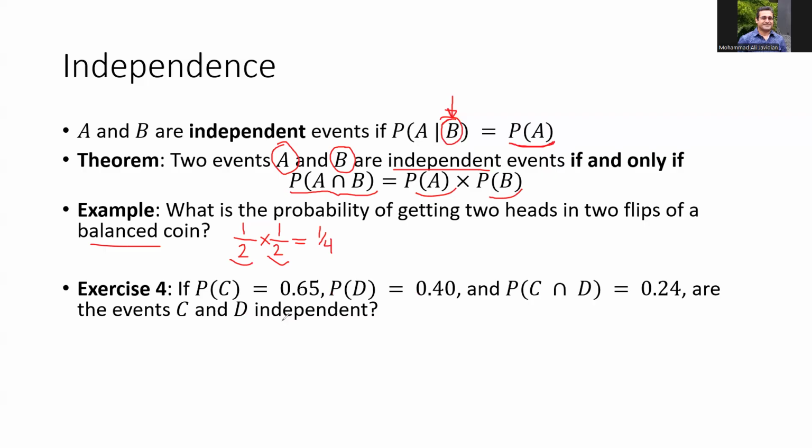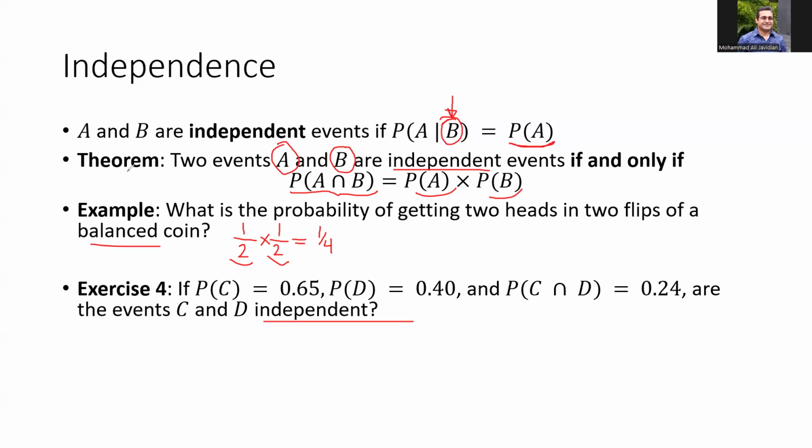As another example, I have two events, C and D. I have the probability of C, the probability of D, and also the probability of C intersection with D. I want to see whether C and D are independent.